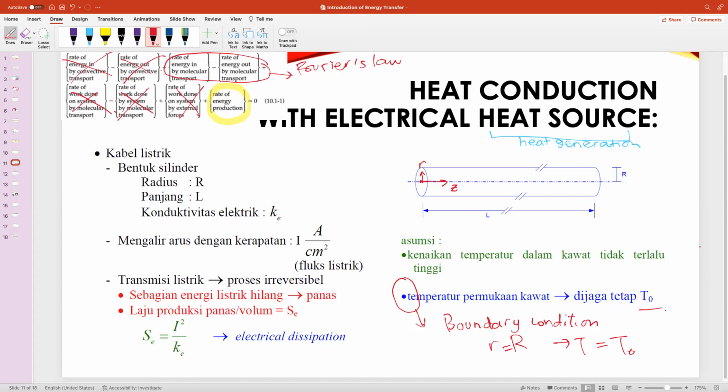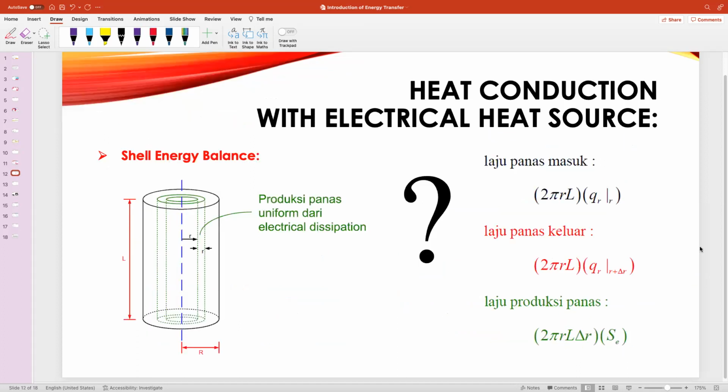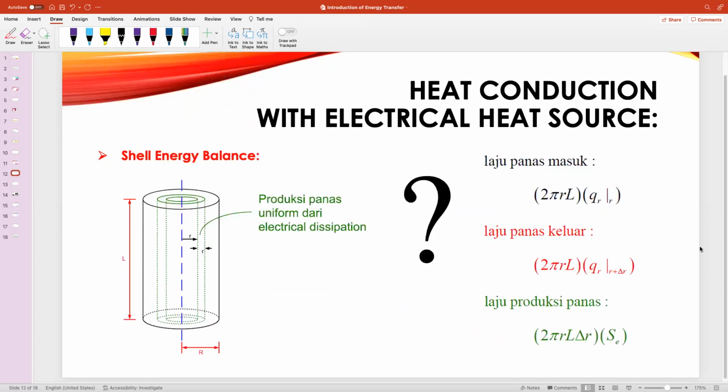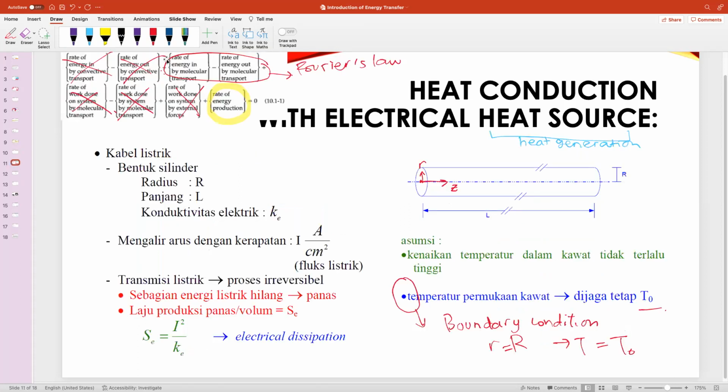Right, so again, we can start with energy balance. Here it is horizontal, but we make it vertical, maybe easier to see. Here we consider the heat production from electrical dissipation. Going back to our energy balance, there is no convective energy transport because it's not a fluid.